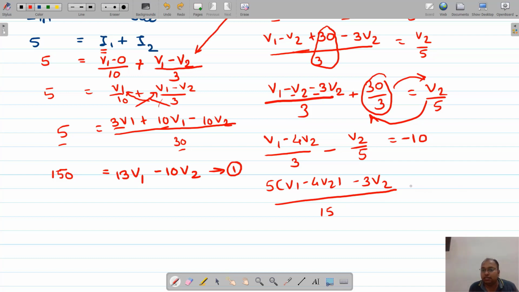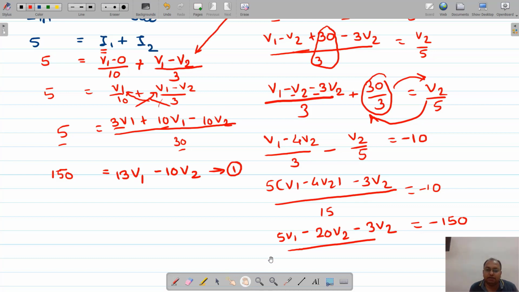And it is nothing but minus 10 as it is, right? So simplified, 5v1 minus 5 4s are 20v2 minus 3v2 divided by, okay, instead of writing divided by, we just transfer it to the right hand side. It is going to get multiplied with the 10, so it is going to become minus 150, isn't it?